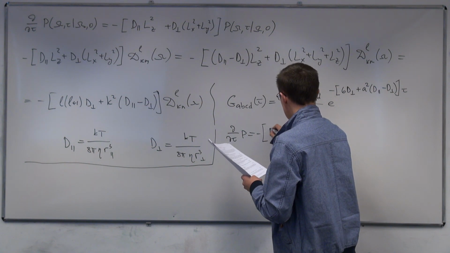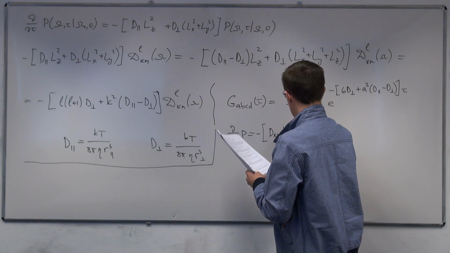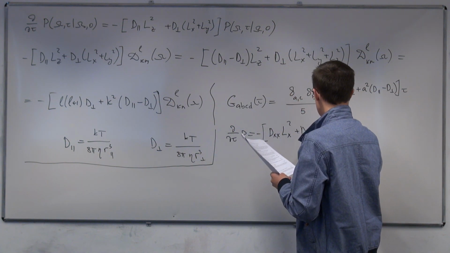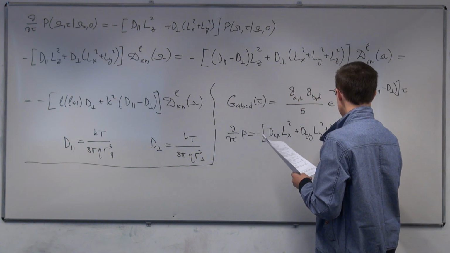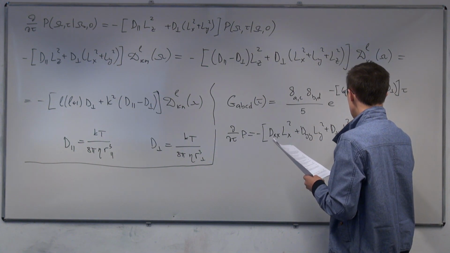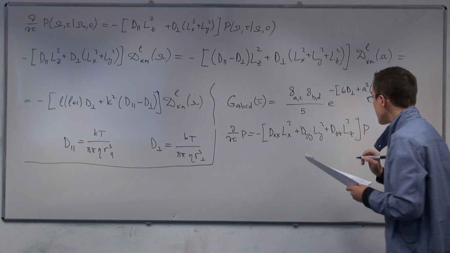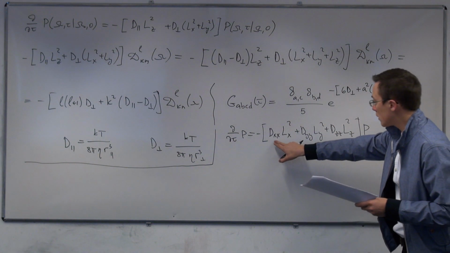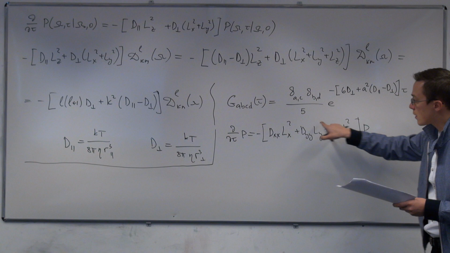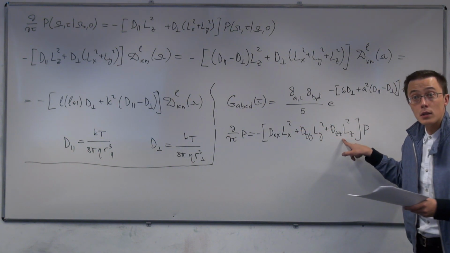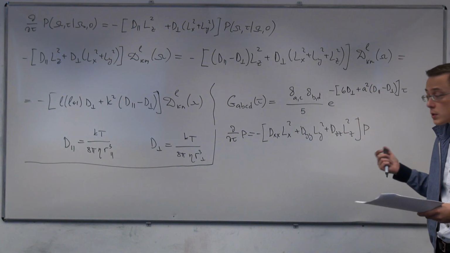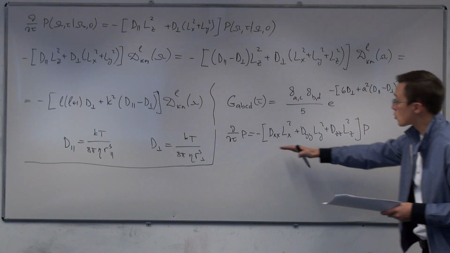It will be minus Dxx Lx squared plus Dyy Ly squared plus Dzz Lz squared times p. And the eagle-eyed would notice that I'm carefully choosing the rotational diffusion tensor to be in its eigenframe, so diagonal. It's always possible to choose such a coordinate system, so that this should be the case.